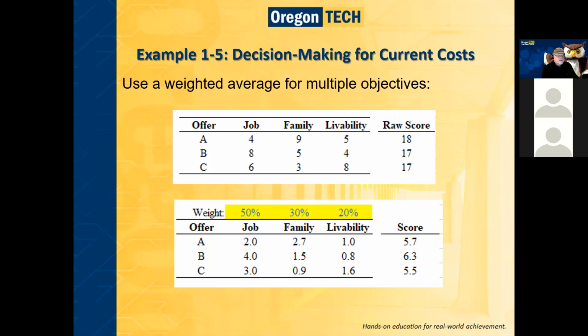And you'll sit around in a staff meeting and say, how much should we assign to job, family, or livability, or whether it be commute locations, tax breaks, or whatever. When Amazon was looking for new sites, they had a massive setup, very similar to this, on how they rated different communities and what value they put on each rating to come up with where they're going to put their city. They do something very similar, much bigger, but very similarly.